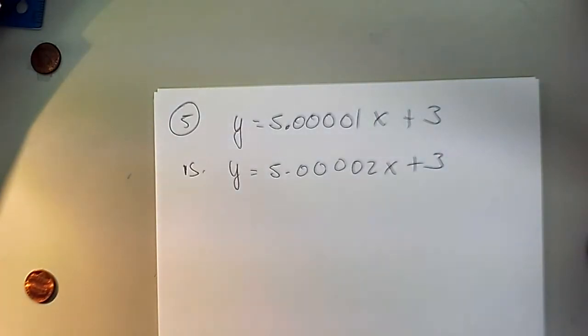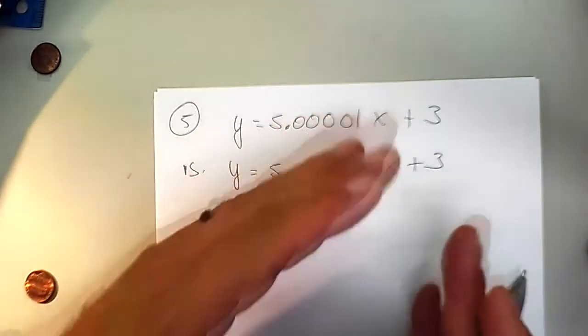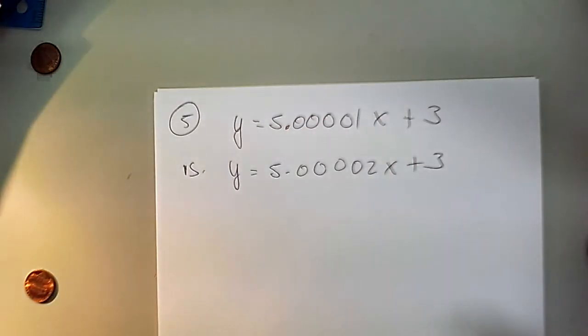If you were to graph those on a graphing calculator, I dare you to find that they are not. They would look very, very much the same, almost the same, one on top of the other.